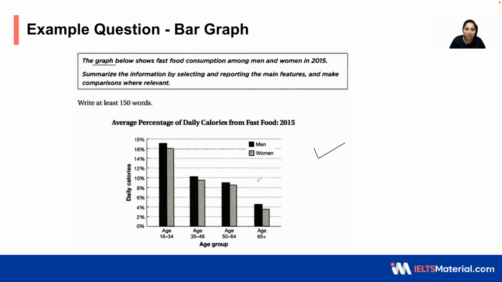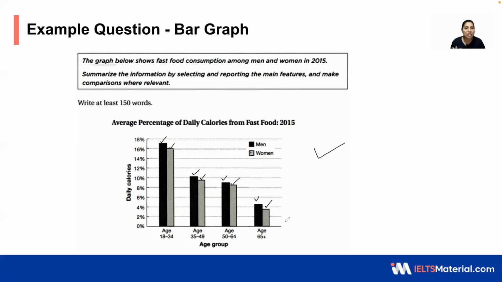So a bar graph generally looks like this. This can be a horizontal bar graph or a vertical bar graph, but it has different bars and hence it is called a bar graph. It has categorization as well, 2 categories, 3 categories, 4 categories, or n number of categories, and you have to mention the important categories and their numbers in the following paragraphs, that is the third paragraph and the fourth paragraph.